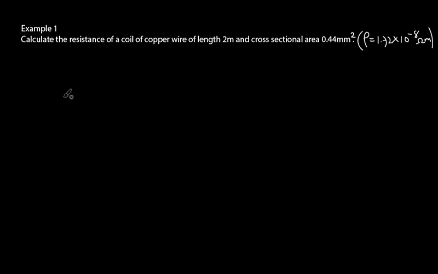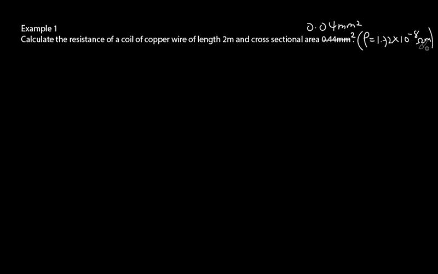Example number 1: calculate the resistance of a coil of copper wire of length 2 meters and cross-sectional area of 0.04 millimeters square, given that the resistivity of the copper wire is 1.72 times 10 raised to the power minus 8 ohm meters.